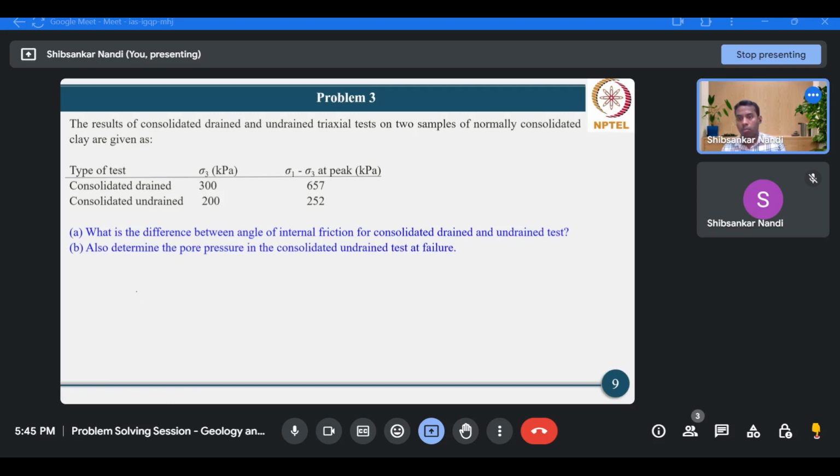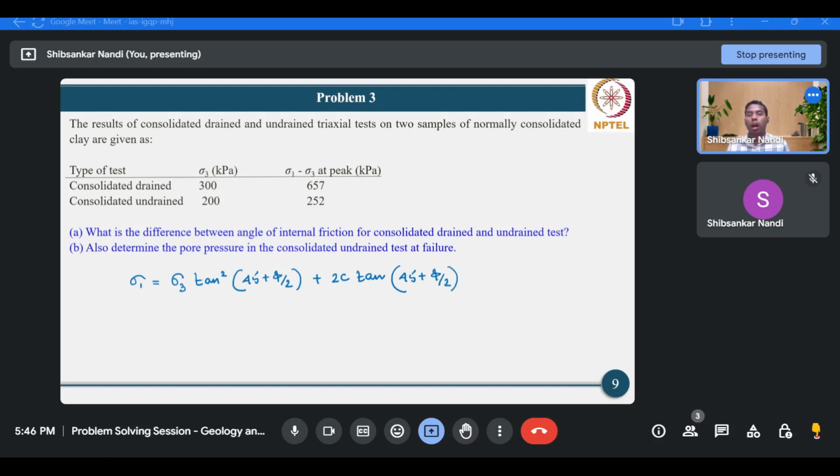So what we'll try to do first is recall the relationship between sigma 1 and sigma 3 at failure. We know that sigma 1 equals sigma 3 tan square 45 plus phi by 2 plus 2c tan of 45 plus phi by 2.